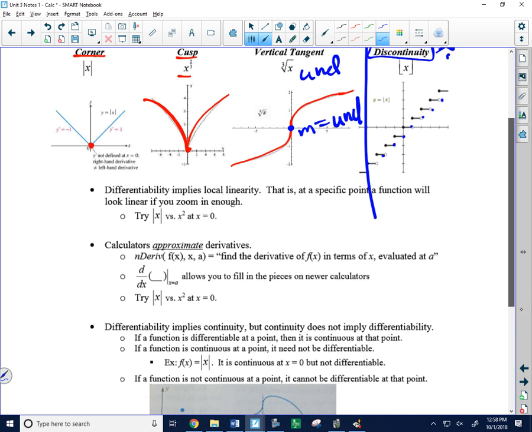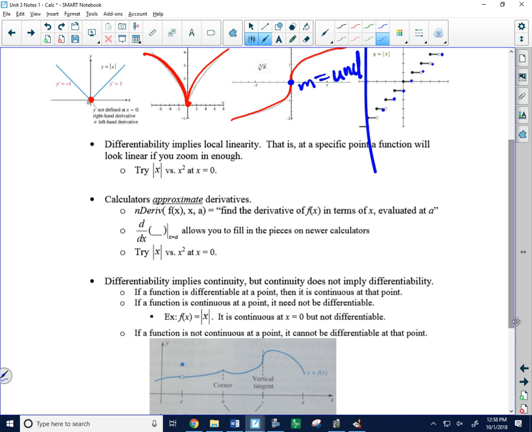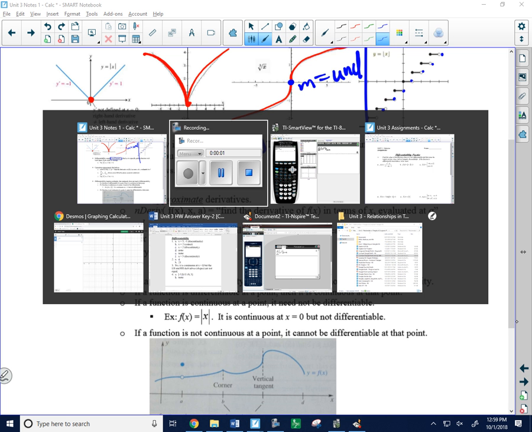Okay, so I want to show you a couple other things. One is something with your calculator. The first one is this, though. It's something called local linearity. I want to show you x squared and absolute value of x. So I'm going to go to Desmos.